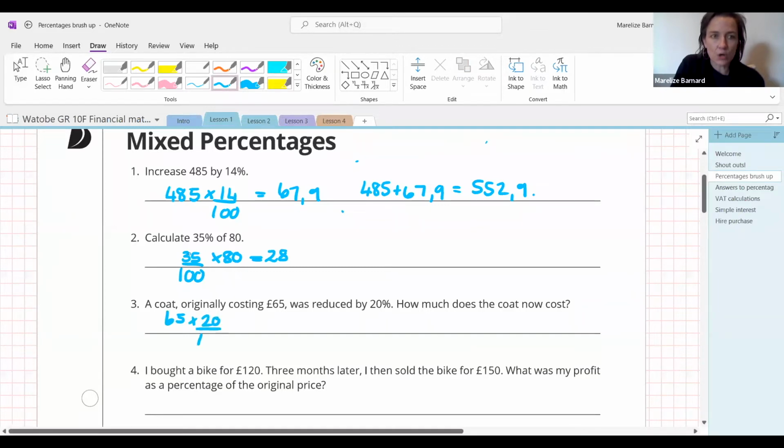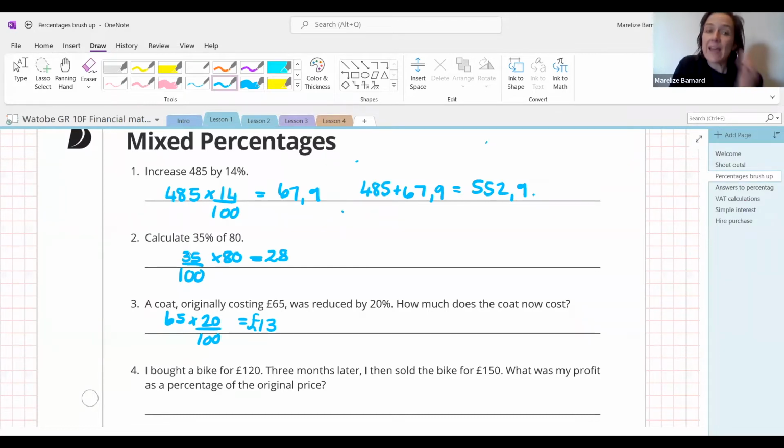Times 20 over 100. That gives me 13. In this case, it's pounds. It doesn't really matter. And then we take that 13 away because the quote is being reduced by that 13. So 65 minus 13 gives me 52. Nice, well done. Quite a few of you got that.